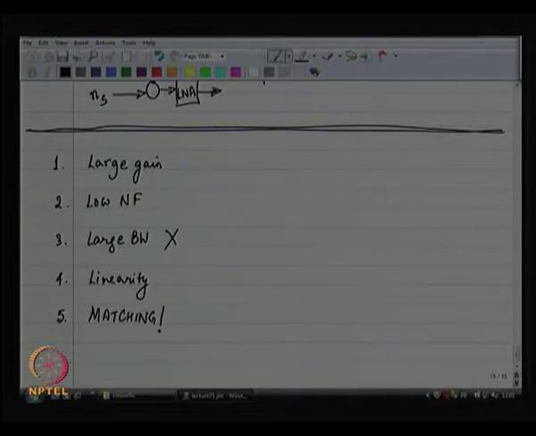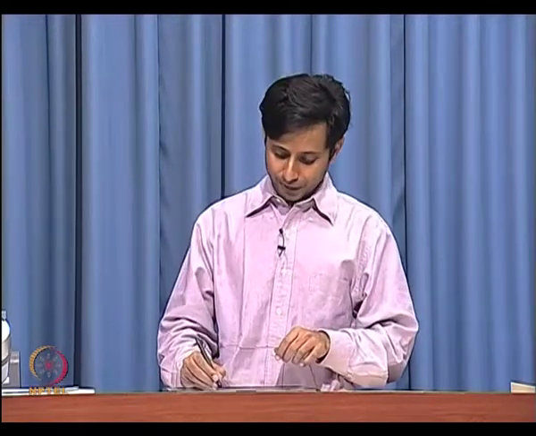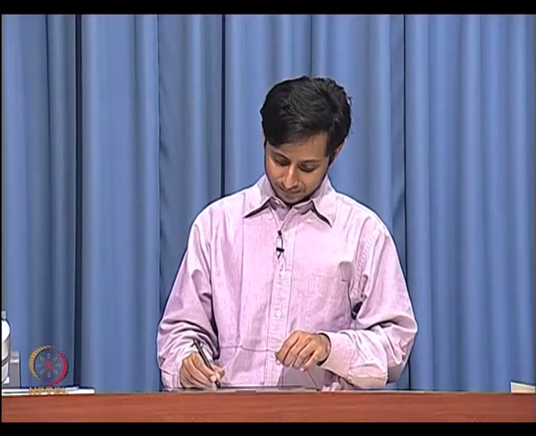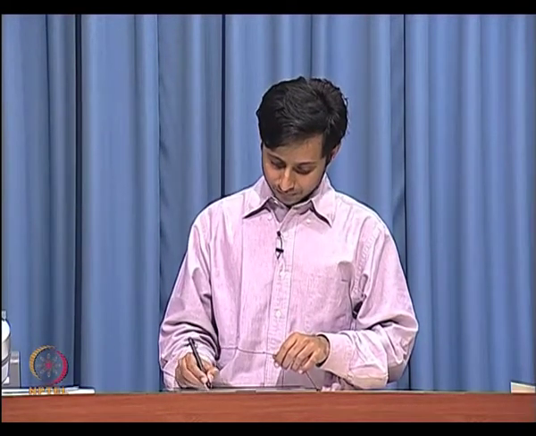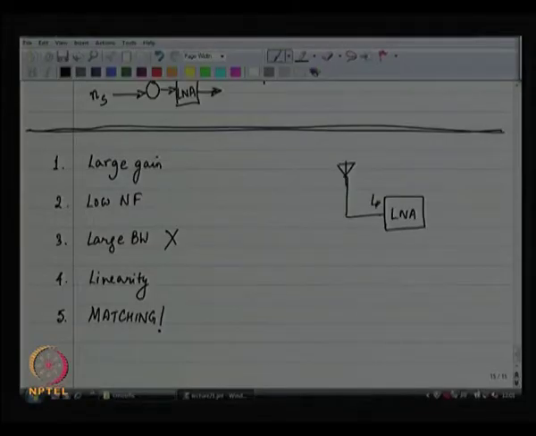The input impedance of the low noise amplifier should be matched to the impedance of the source, to the impedance of the antenna. So, the input impedance, you have got your low noise amplifier that looks like this. The input impedance of the low noise amplifier should be matched to the resistance of the antenna.